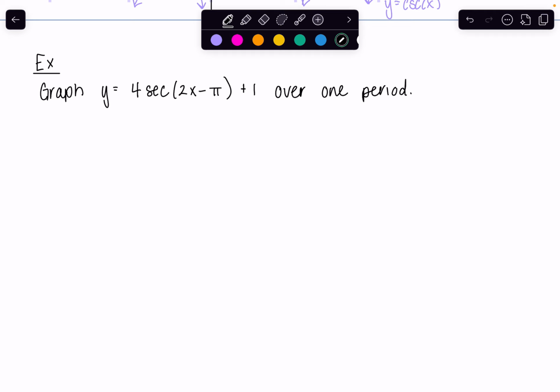So again, you're always going to start by graphing that base sine or cosine function. Here, because we're dealing with secant, we're going to start by graphing y equals 4 cosine of 2x minus pi. I'm going to completely ignore those vertical shifts because we can take care of those just at the very end. Once I have this graph, then I'm going to use that to graph the actual secant function.